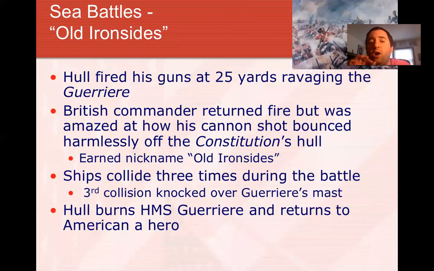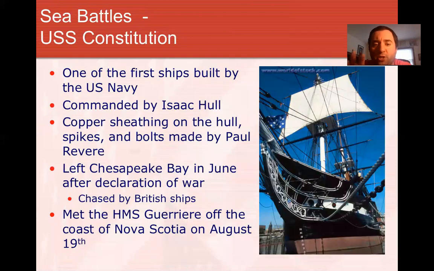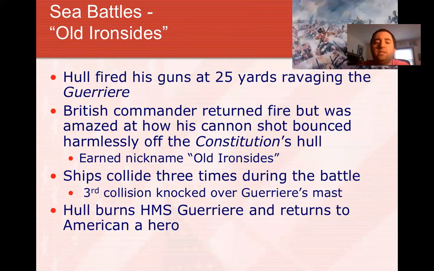So Hull fired his guns at 25 yards, ravaging the Guerriere. So Hull, if you remember, let me go back for a moment. Isaac Hull is whom we're referring to, is going to command this ship, the USS Constitution.